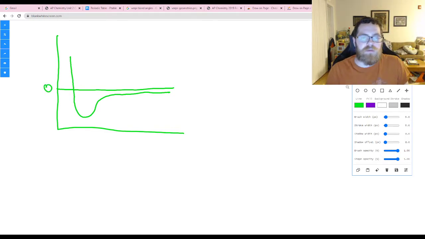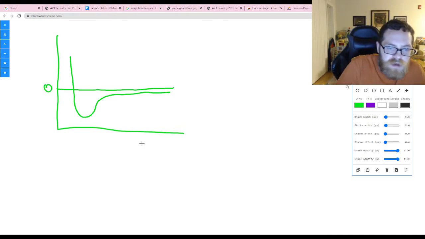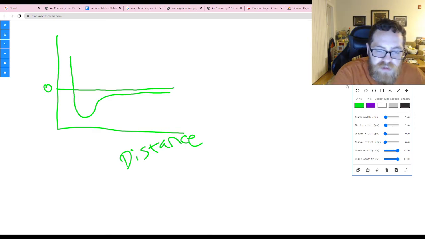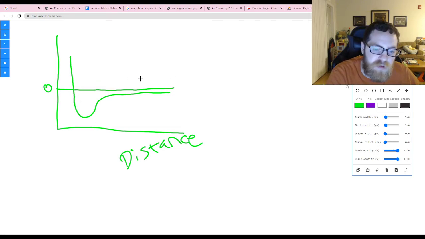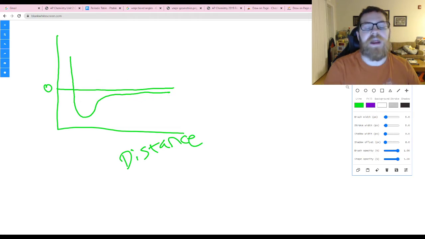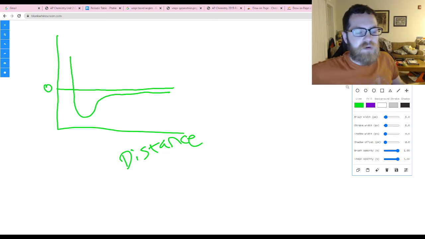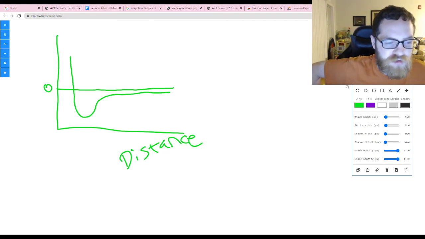This is the energy. This is distance. Specifically, internuclear distance, the distance from the nucleus of one atom to the next. So you can think of this being how close and how far away two atoms are from each other.